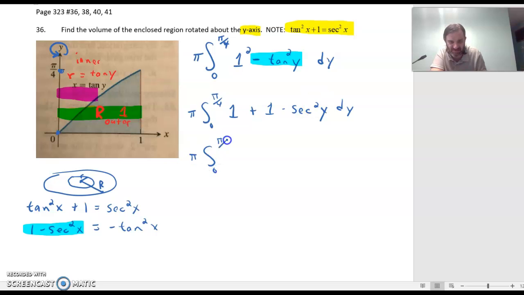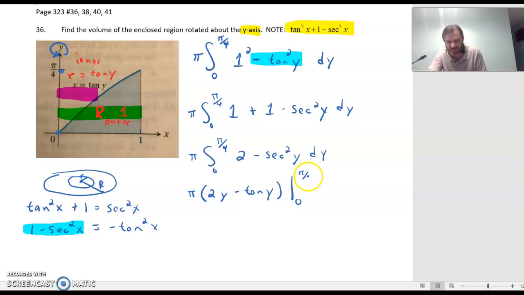We could have done that before, but what our integral looks like before we actually integrate is pi times the integral from 0 to pi over 4 of 2 minus secant squared of y dy, which is a fairly simple integral. So the pi will stay there, 2 becomes 2y. The integral of secant squared is tangent, so this will be minus tangent of y. So we're not getting away from the tangent, but it's still around. And then it'll be from 0 to pi over 4.